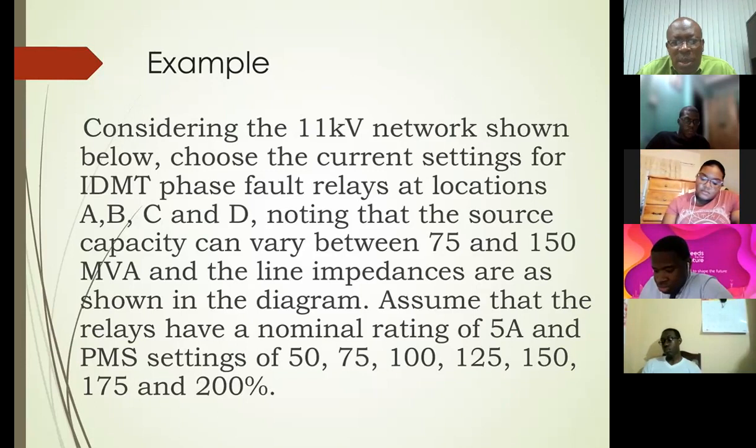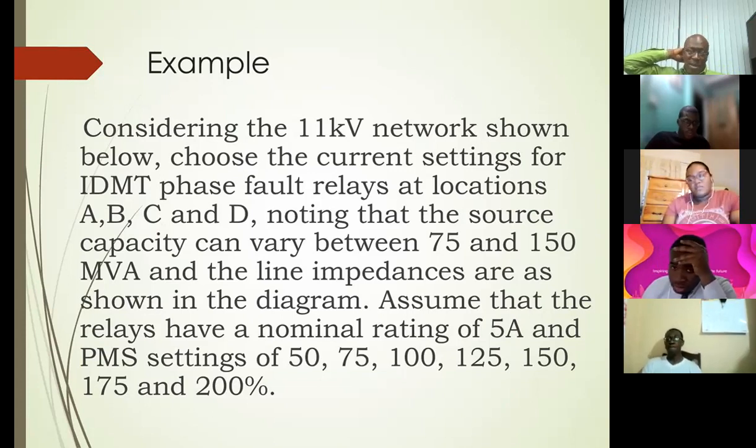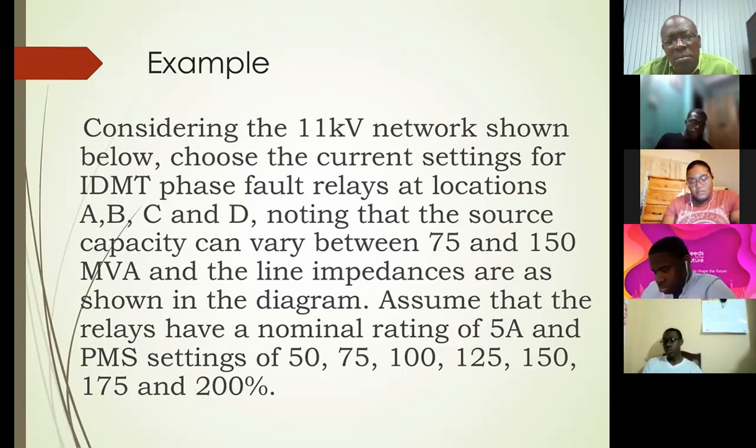The source capacity can vary between 75 and 150 MVA, and the line impedances are shown in the diagram. So where we have the taps, to go into the various communities, we have a certain amount of impedance.